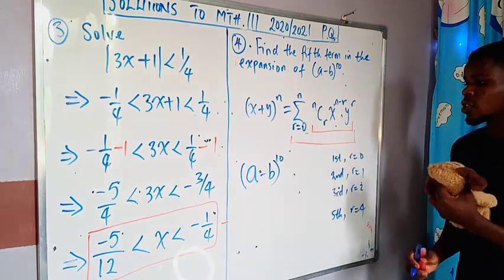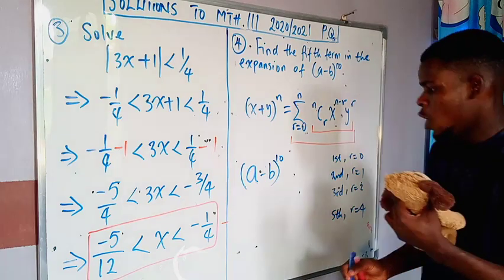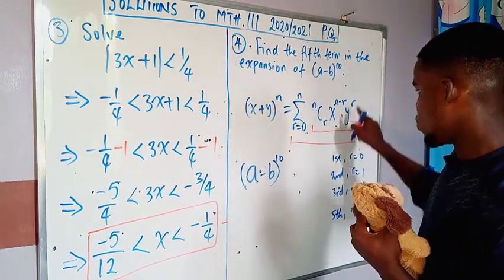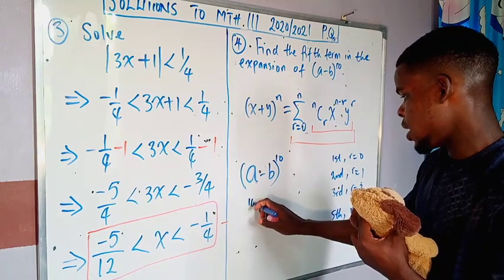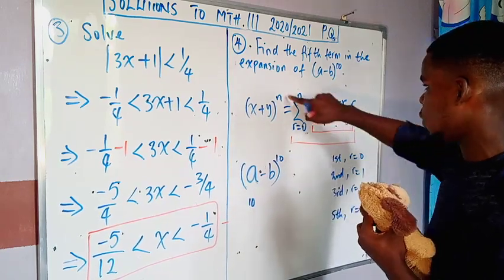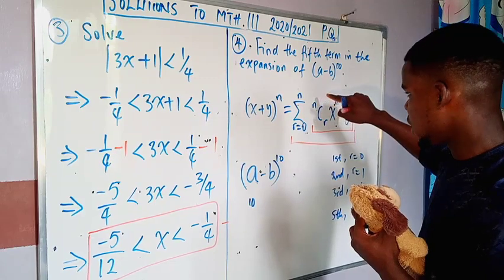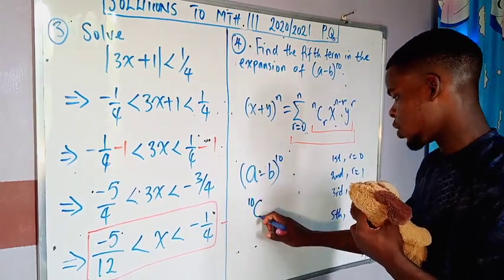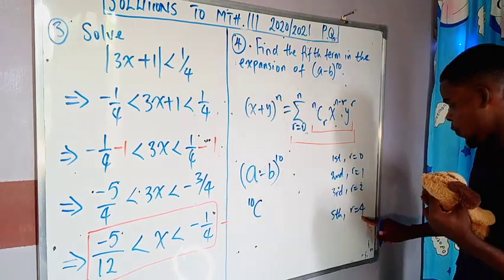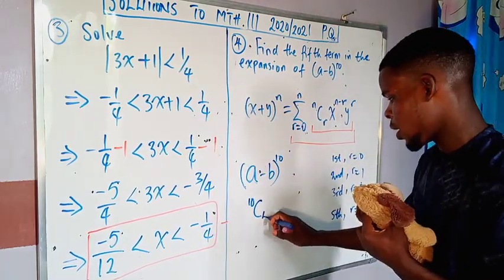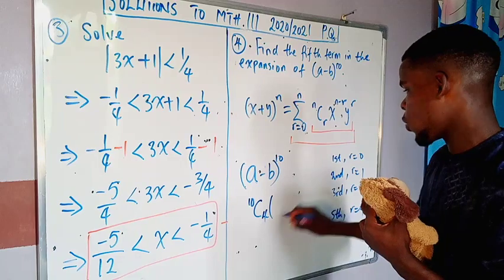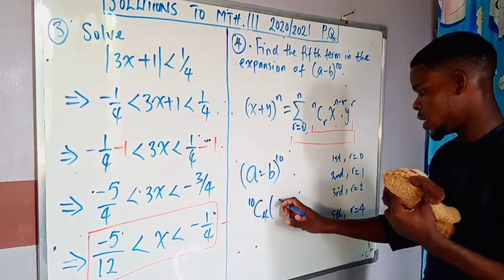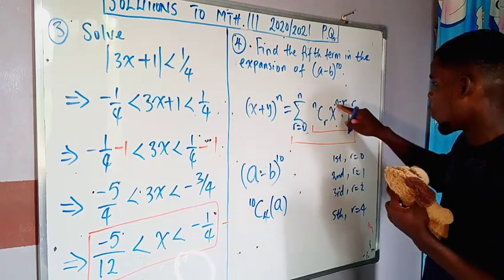Good. So to consider the fifth term in this expansion, we'll be looking at n, where n here is going to be 10. You notice n was the power, so n must be 10 here, and we take 10 combination r, where r should be 4 when we are considering the fifth term. And then we multiply that by the first term inside here, which is just a, raised to the power of n minus r.